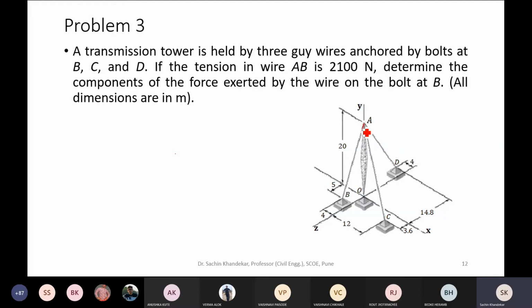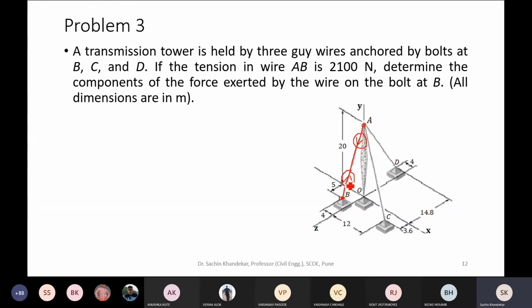As far as this wire AB is concerned, when point B is under consideration, the direction of tension is away from B. And for the same cable AB, as far as point A is concerned, what must be the direction of tension? It is away from A. So away from B, this direction, and away from A means this direction.